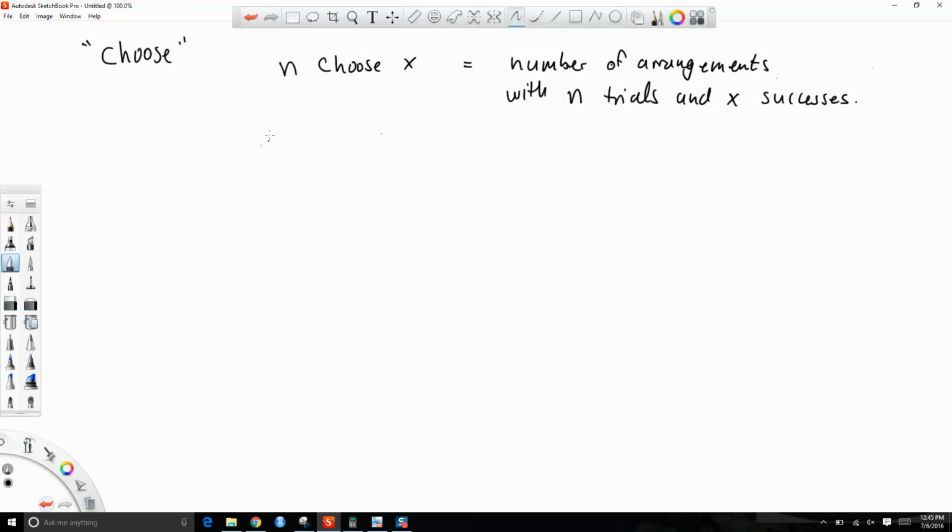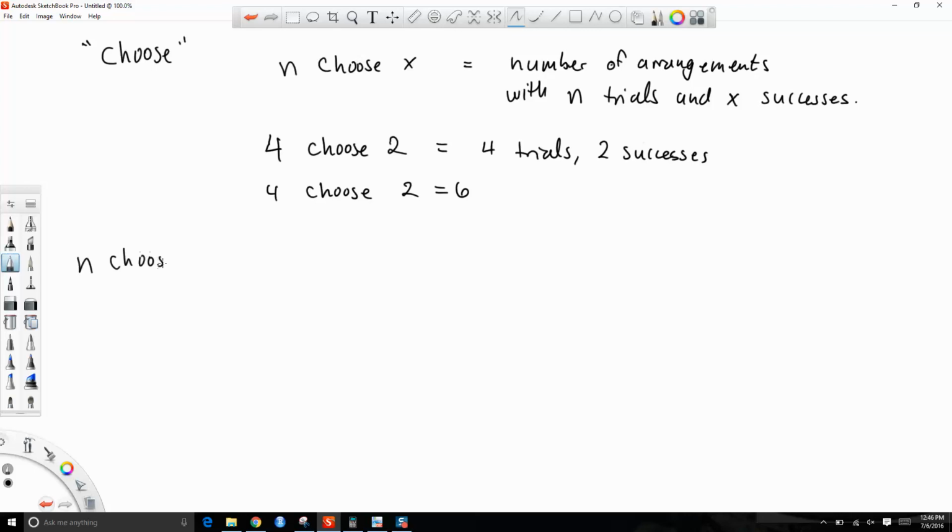So we would have something like 4 choose 2. This is 4 trials, 2 successes. So 4 choose 2 is equal to 6. It can also be written, so n choose x can also be written as nCx, or n over x in parentheses like this.